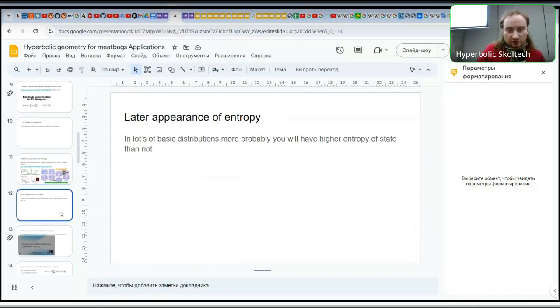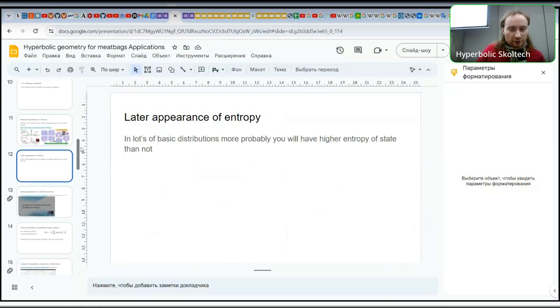Also, the more probable a state is, the higher its entropy, for example, for the binomial distribution.